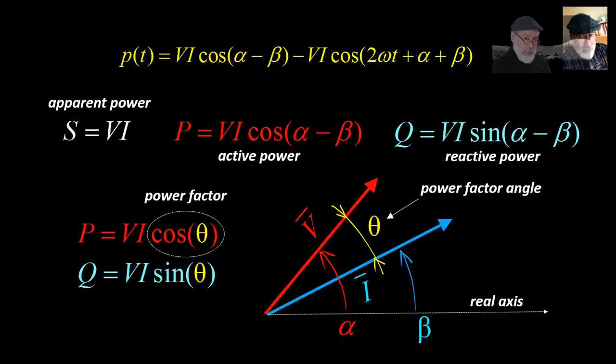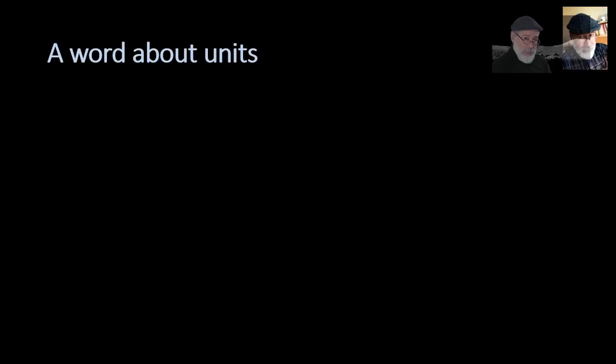When the load is capacitive, then the opposite happens. In that case, the current is leading. Beta is greater than alpha, and theta turns out to be a negative angle. And the implication, sine of theta. Sine of a negative angle will be negative and Q will be negative. A capacitive load absorbs negative Q. We'll talk more about that.